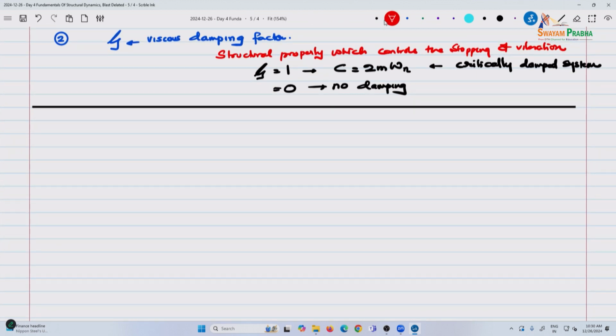So, let us see the simplest case. The simplest case is where you have no damping and you have no external force. So, what results is a free vibration problem.